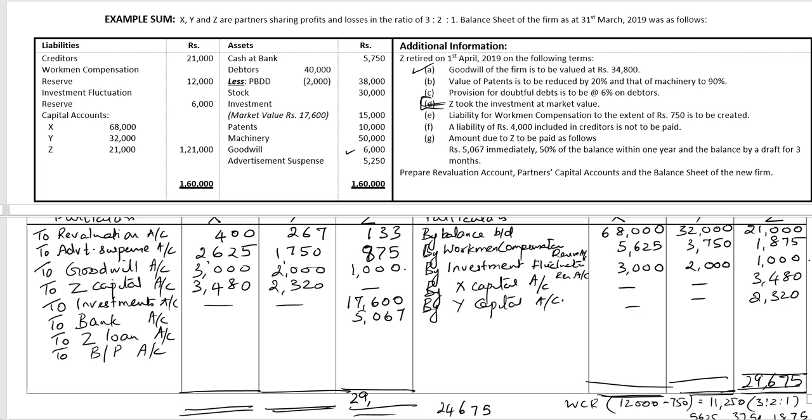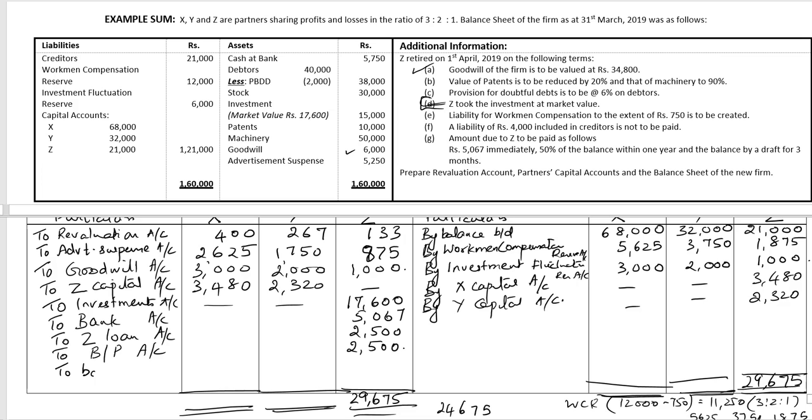The greater total on both sides is 29,675. The difference is 5,000 rupees. 50% of rupees 5,000 to be treated as Z's loan, 2,500 rupees, and another 50% to be treated as a draft which is accepted by the remaining partners X and Y.